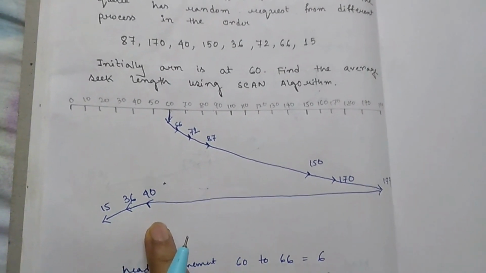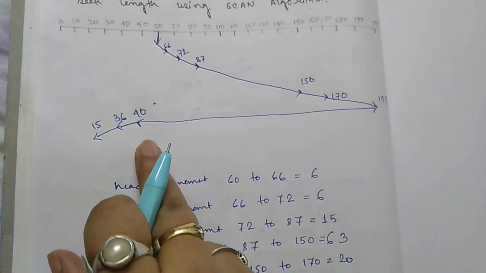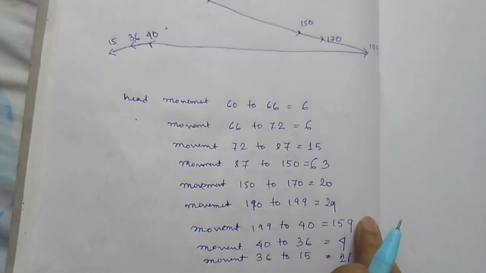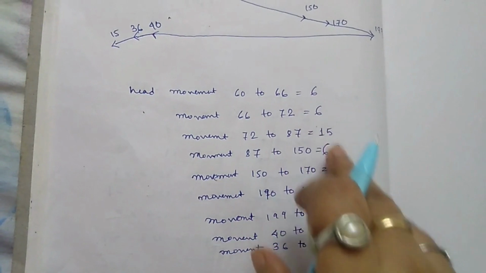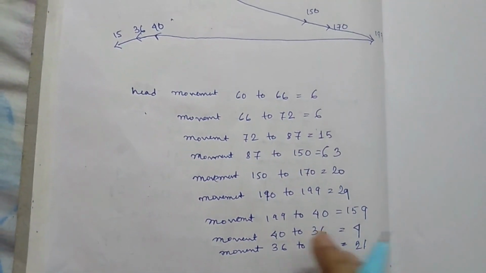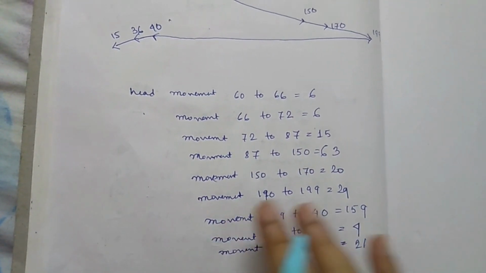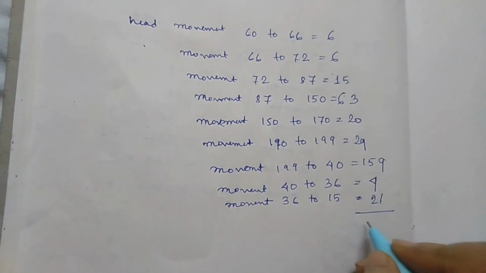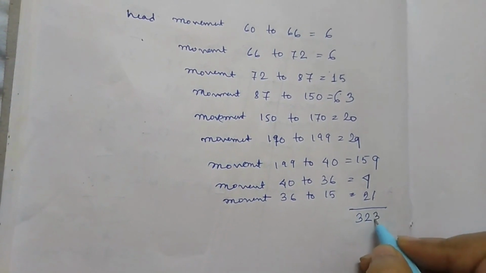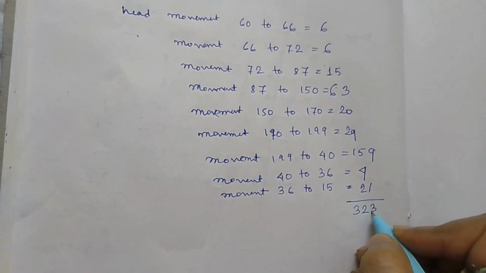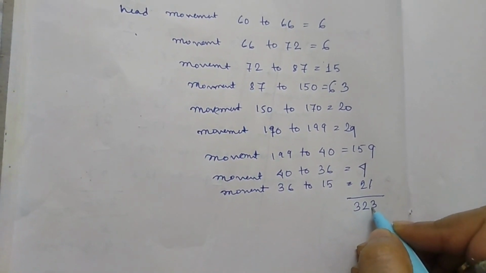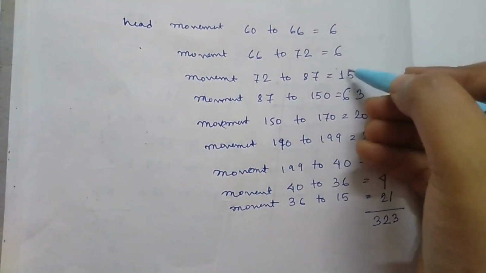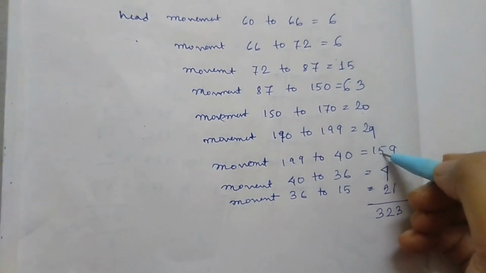Okay, then we find the average seek length. At first we have to total all these values, then divide by the number of movements. The total value is 323, and when we calculate the average seek length, we divide by the total movements, that is 1 2 3 4 5 6 7 8 9.